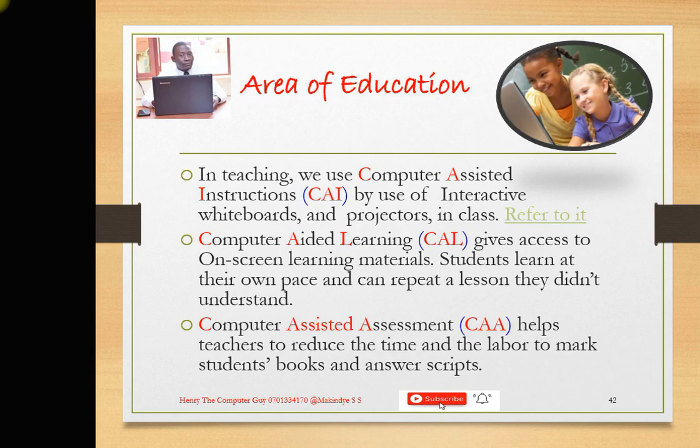Then I can use what we call an optical mark reader. Pass through the master document, then all the other scripts are going to be marked depending on the master I've used. So it will reduce the amount of time I would have used to mark each and every person. I can use a computer. It will help me to reduce the time by helping me to mark or identify the correct answers in those scripts in the shortest time possible.